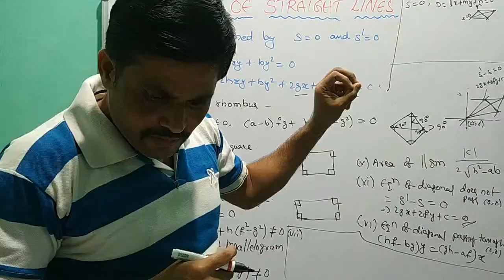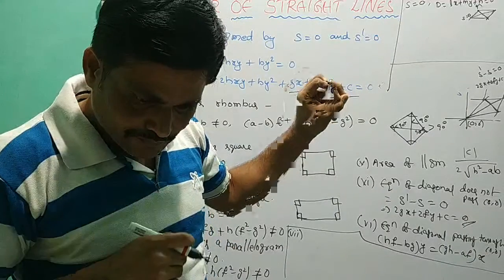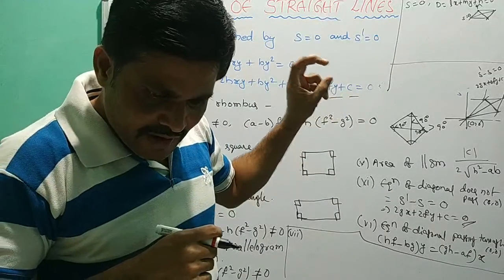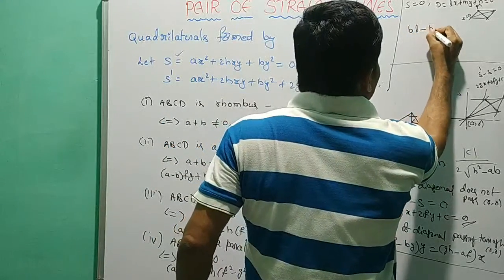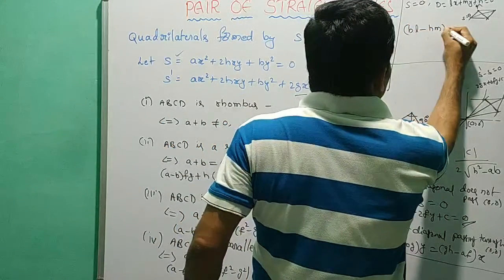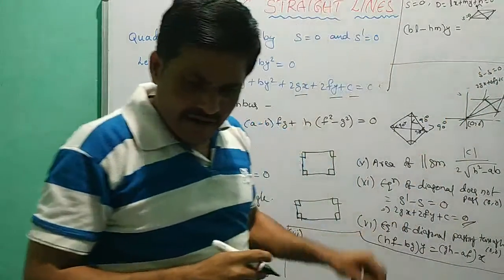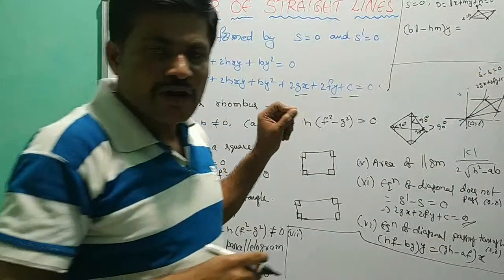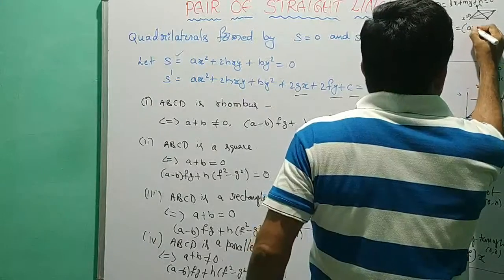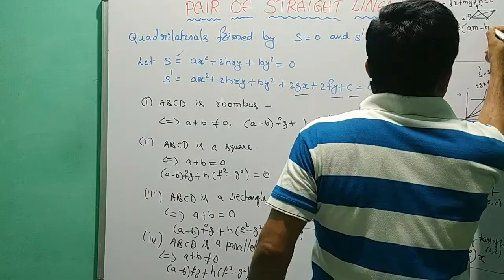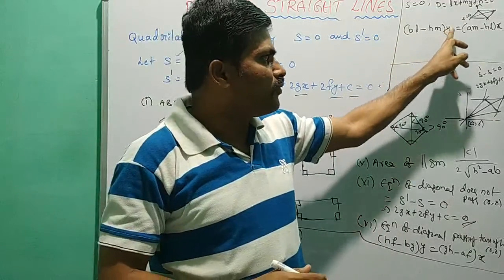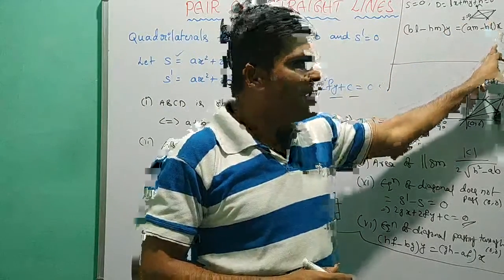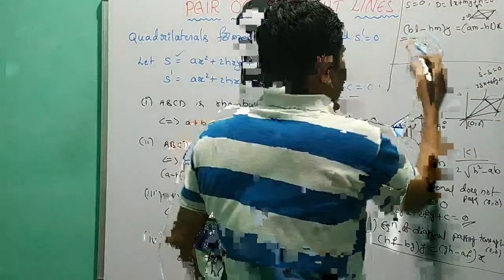Now in that, (BL minus HM) into y equal to (AM minus HL) into x. So here (BL minus HM) into y equal to (AM minus HL) into x. So this is the second diagonal.